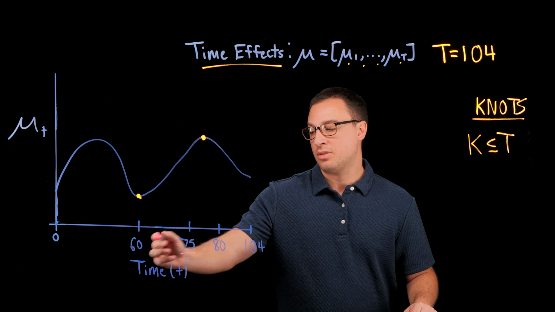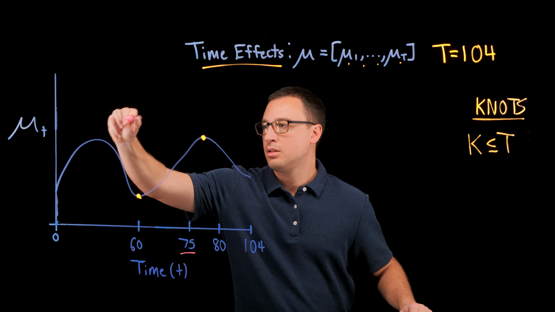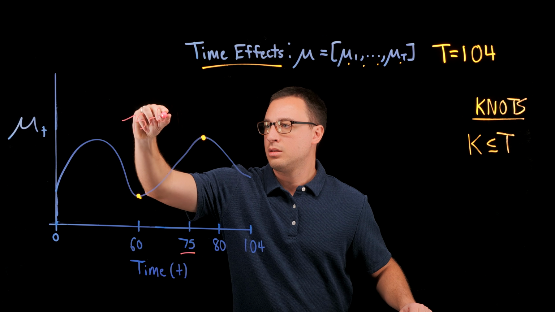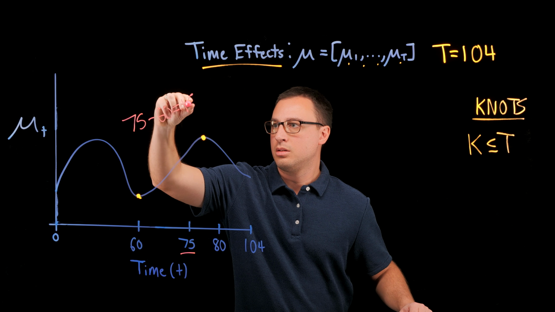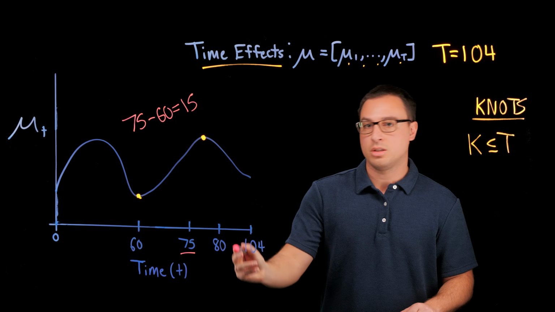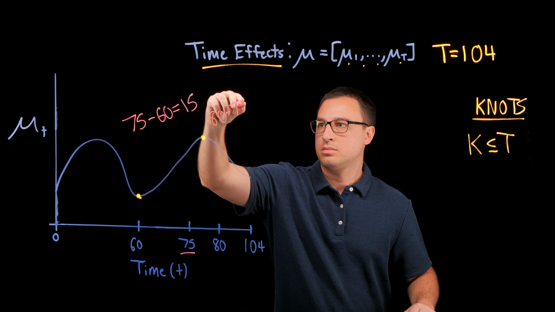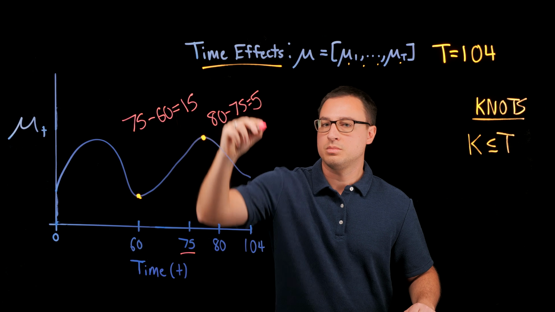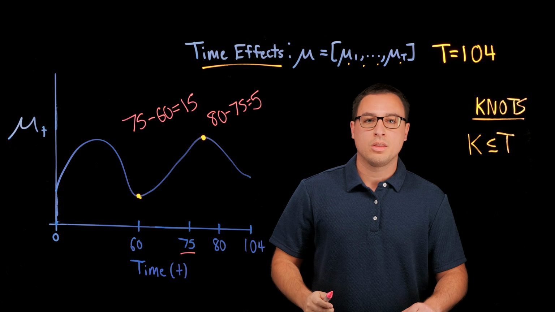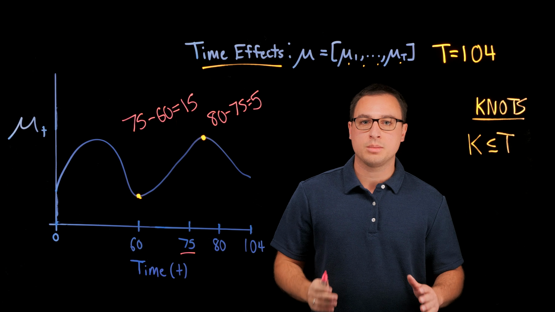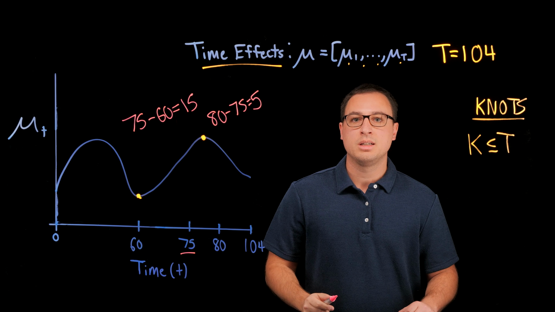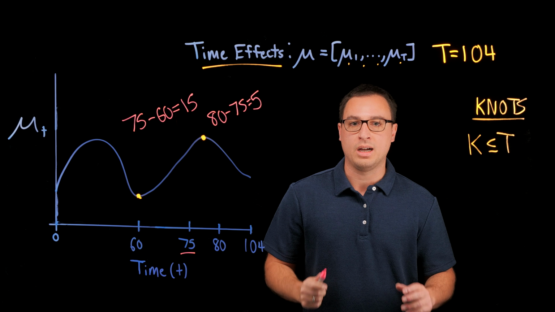The distance to the left knot is 15. The distance to the right knot is 5. The knot at week 80 is 3 times closer than the knot at week 60, and so it gets 3 times the weight in the weighted average.